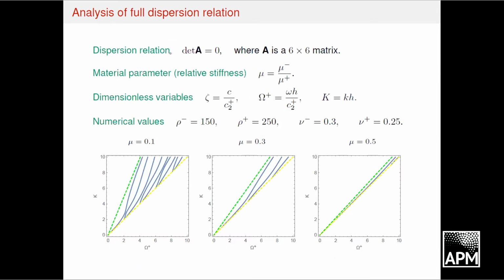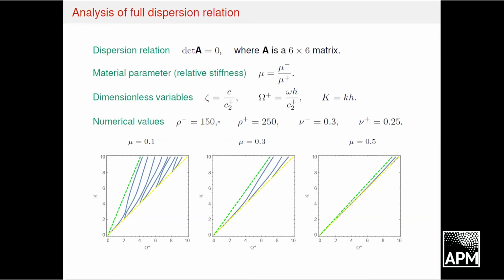So this will be our dispersion relation, and we can plot it. So the natural parameter that appears there is a ratio of shear moduli, and we also perform non-dimensionalization. So we relate the phase speed c to the shear wave speed of the half space, and also we introduce the dimensionless frequency and dimensionless wave number.